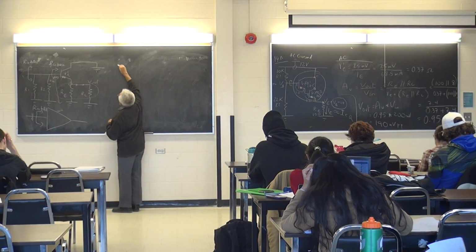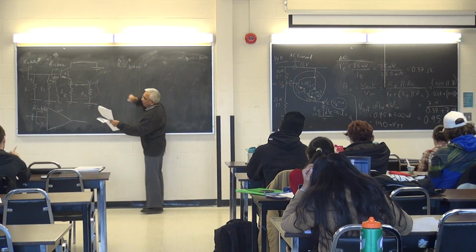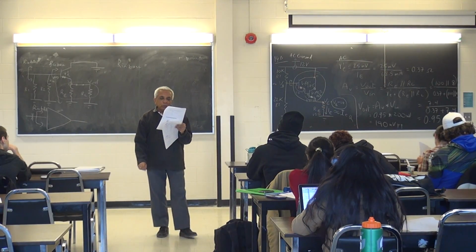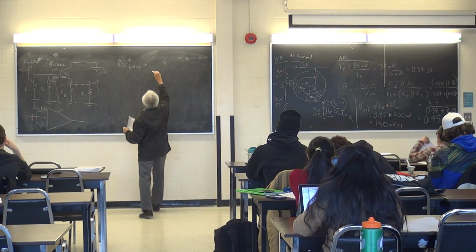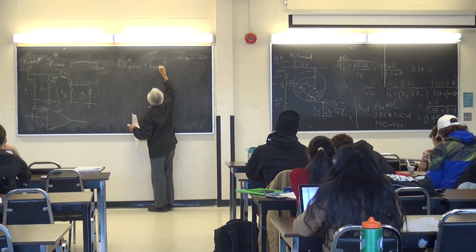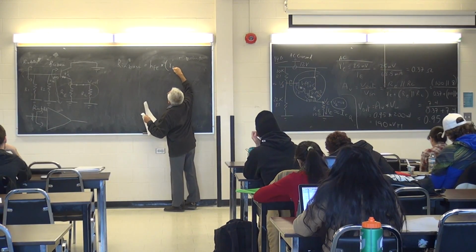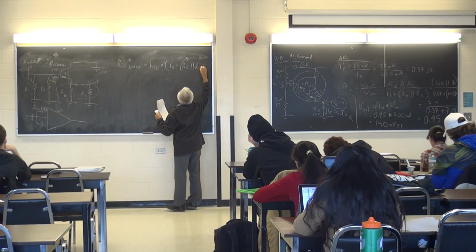What's R in base? Go to page 2 of notes 14. Is it beta times HFE times R prime E plus R in parallel with RL?